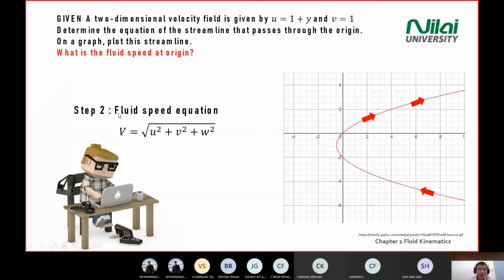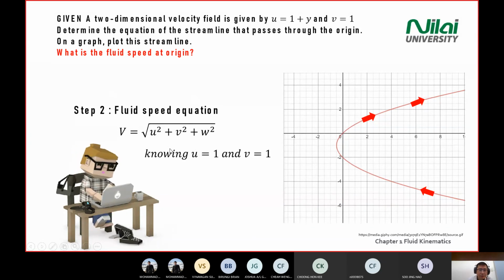Then recall the magnitude of the resultant vector is given by the square root of the x component, y component, z component: u squared plus v squared plus w squared. In this case, we only have two-dimensional flow, so we only have the u component and v component. Substitute the values into this general equation.